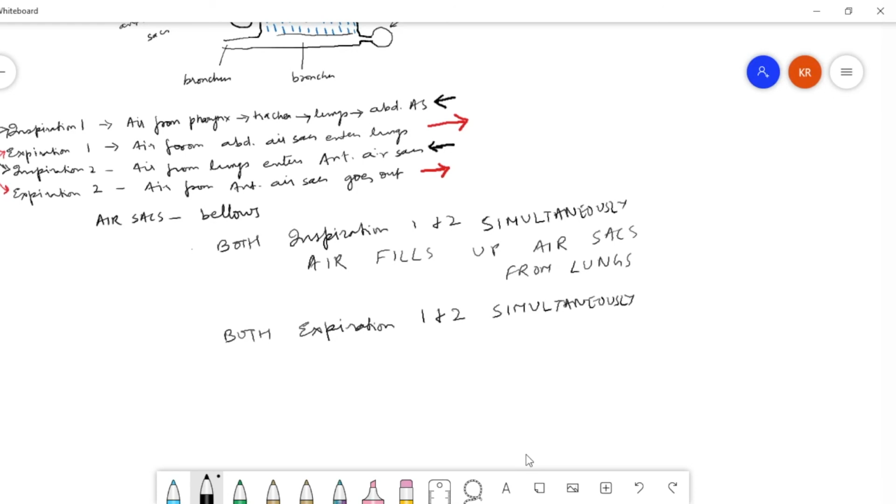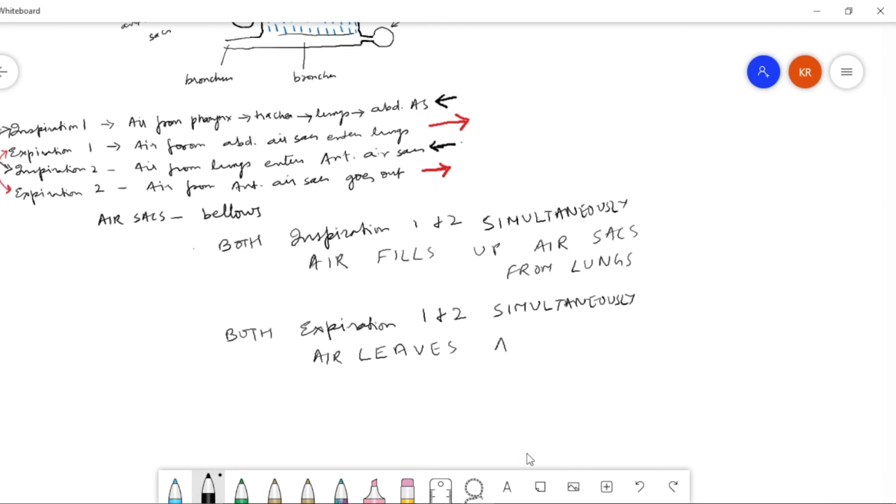One set of air will travel into the posterior air sac, one set will travel into the anterior air sac. Now in expiration, air leaves air sacs. So in the first one, what happens? From the posterior air sac it enters the lungs, and in the second expiration, from the anterior air sac it goes outside.